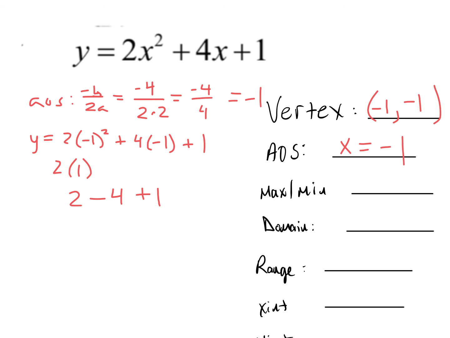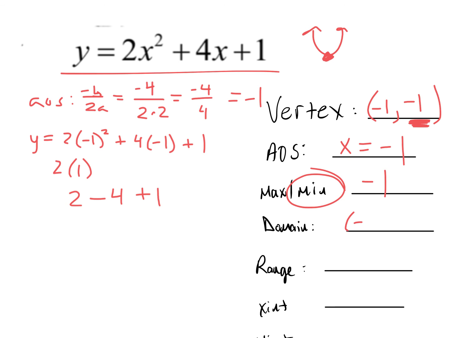Looking at our equation here, does our parabola open up or open down? It opens up. So do we have a maximum or minimum? We have a minimum. Our vertex is at the lowest point, so it is a minimum. And what is our minimum value? -1. The minimum always comes from the y. What's our domain?